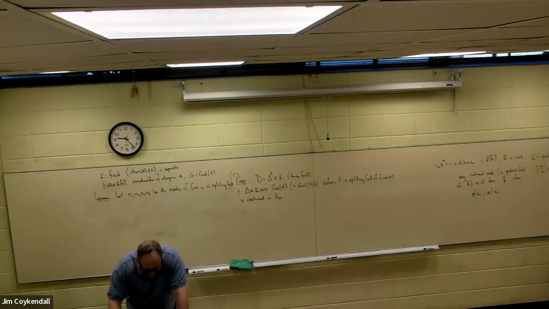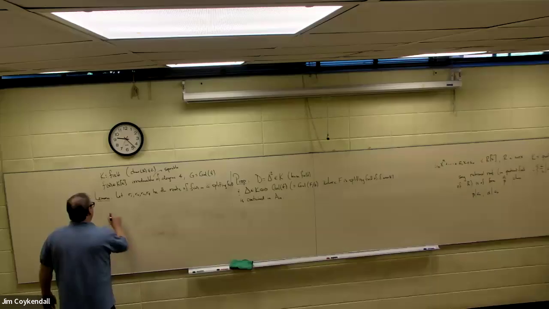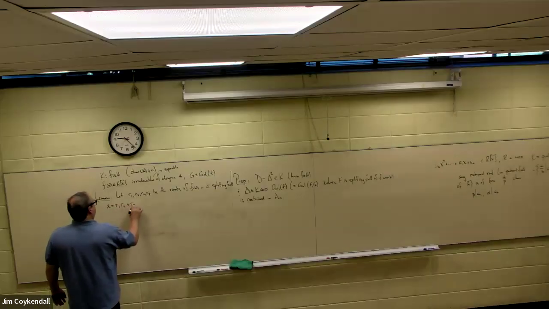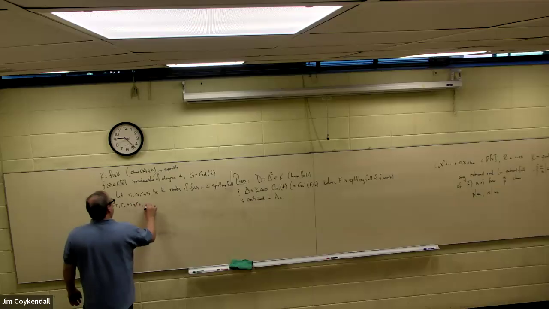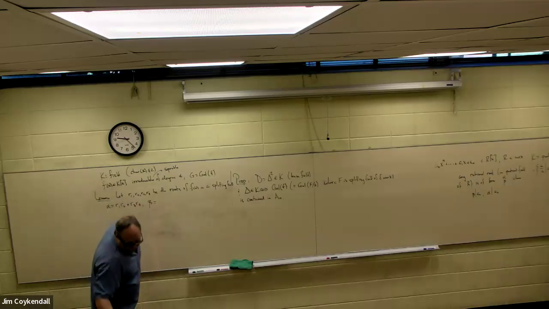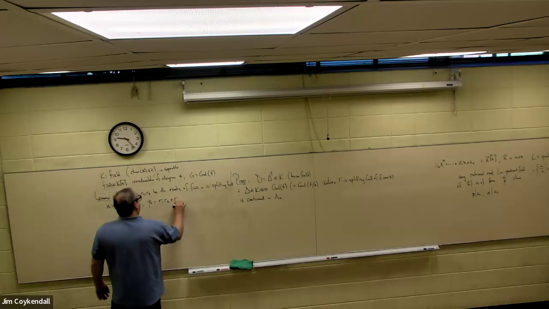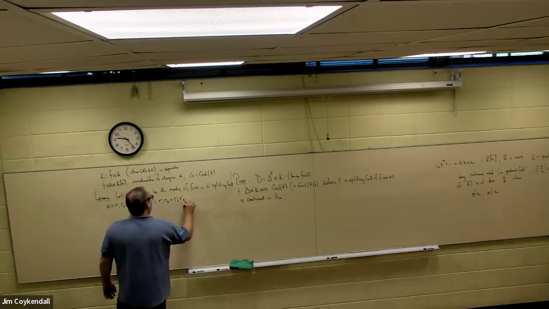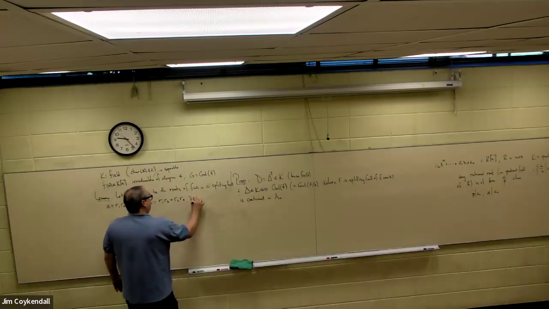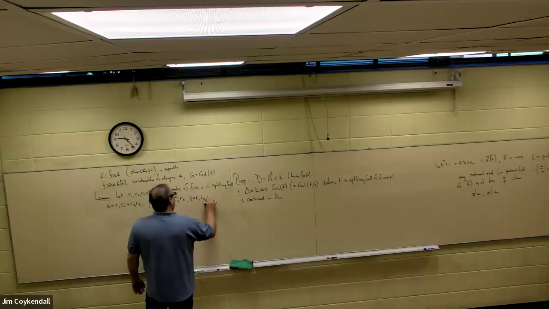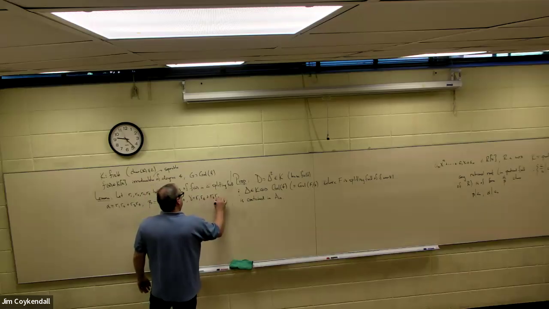Let alpha be R1 R2 plus R3 R4. Beta is R1 R3 plus R2 R4. Gamma is R1 R4 plus R2 R3.